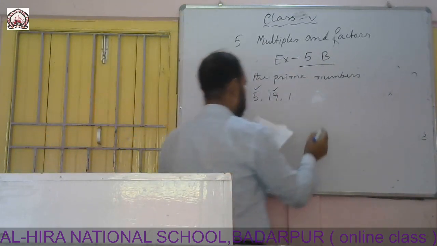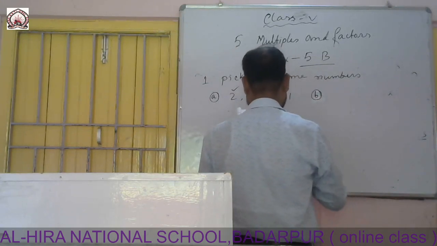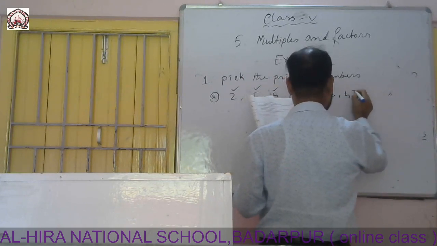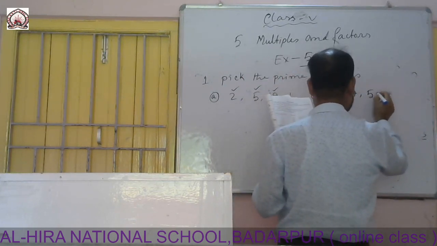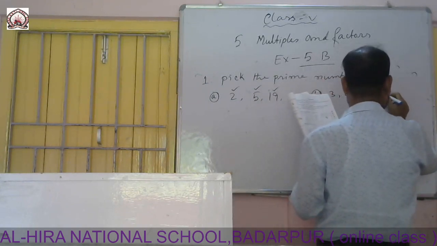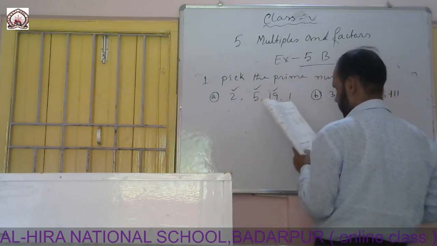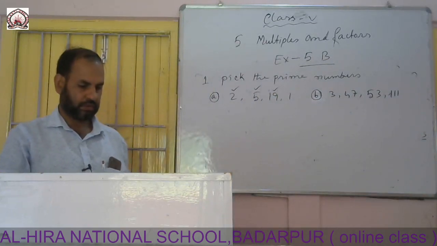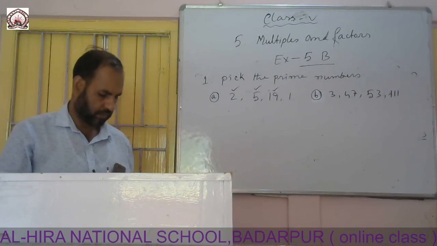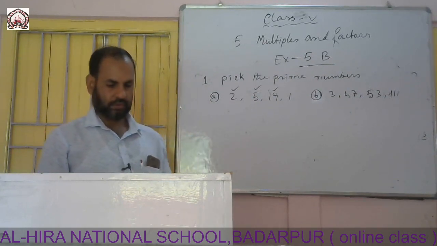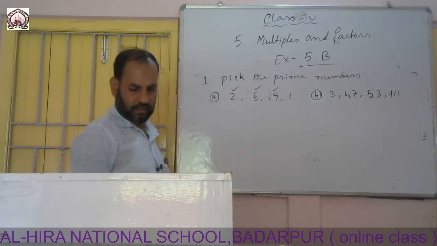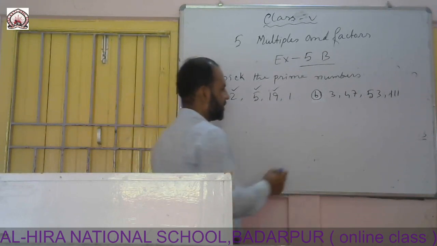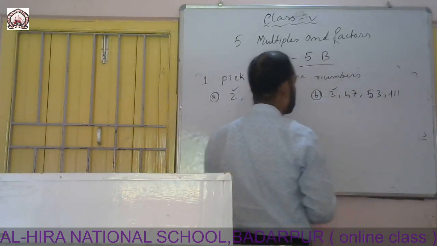Let us solve another one. Question number B. 3, 47, 53, 111. Here the prime numbers are 3. 3 has only 2 factors.